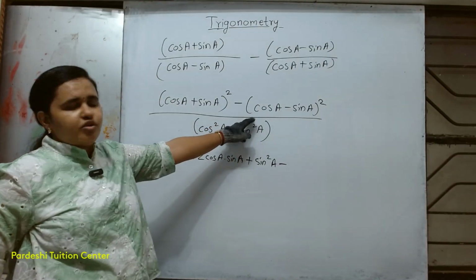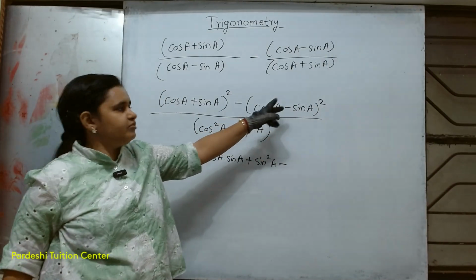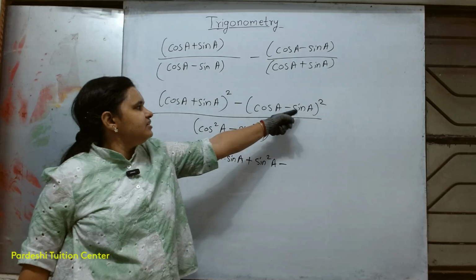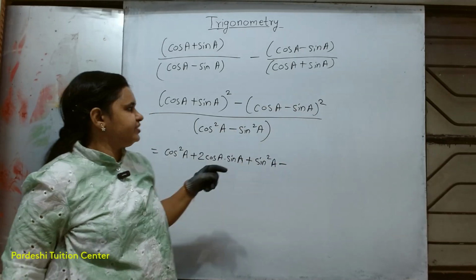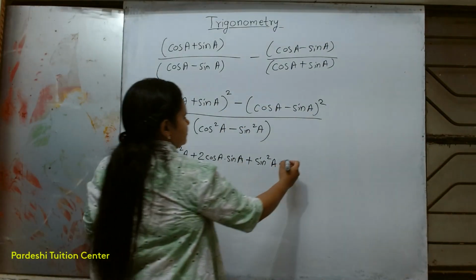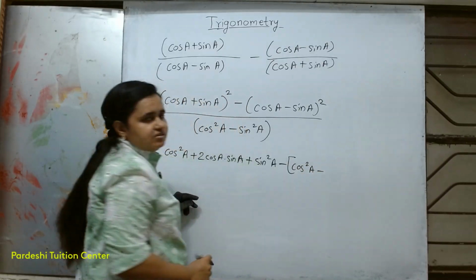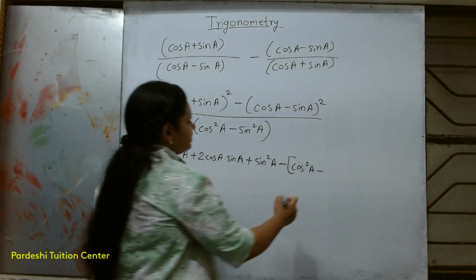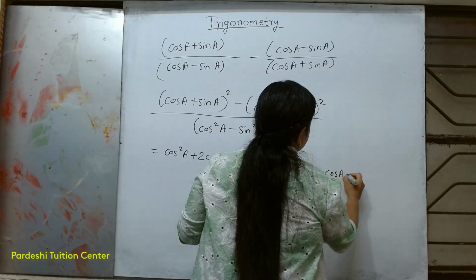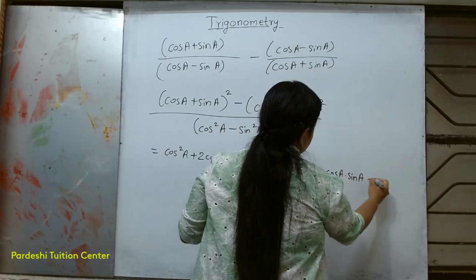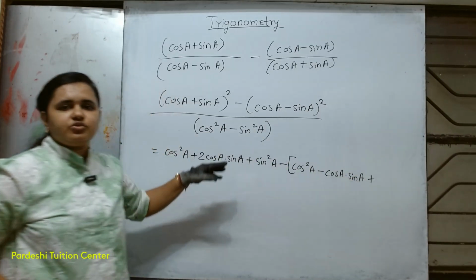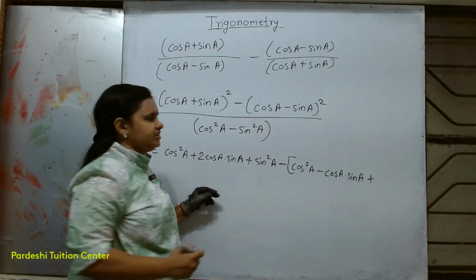Now this is the formula of A minus B whole square. We can expand it by taking A and B. A minus B whole square will be A square, means cos square A, minus 2AB, means 2 cos A into sin A, plus B square, means sin square A.